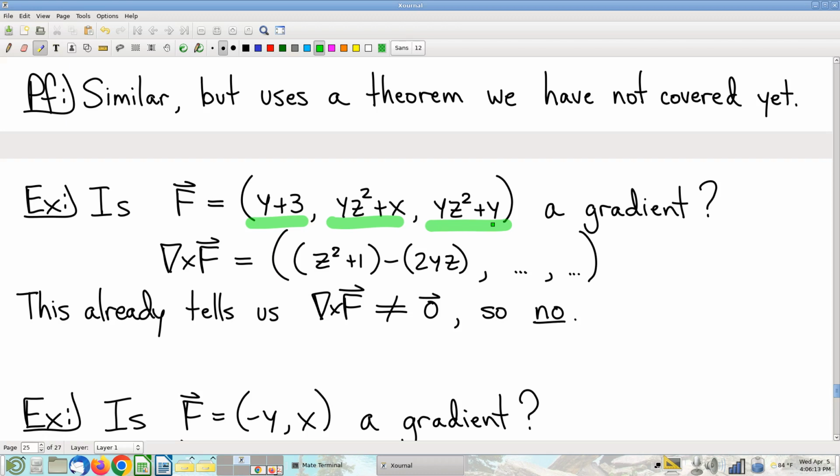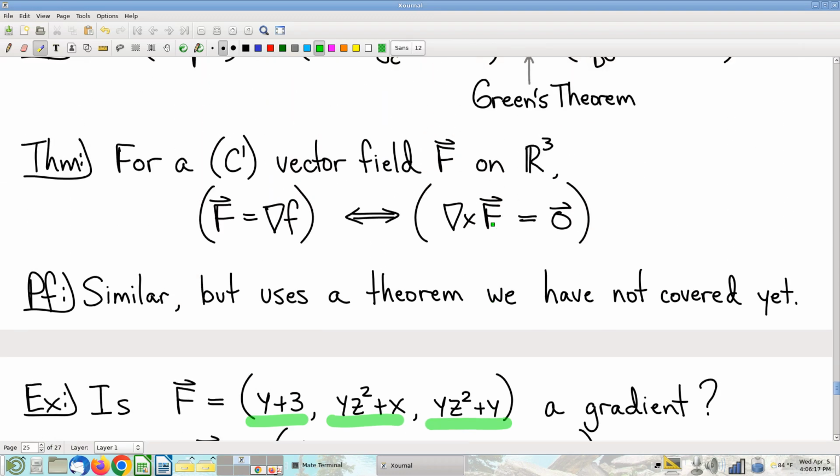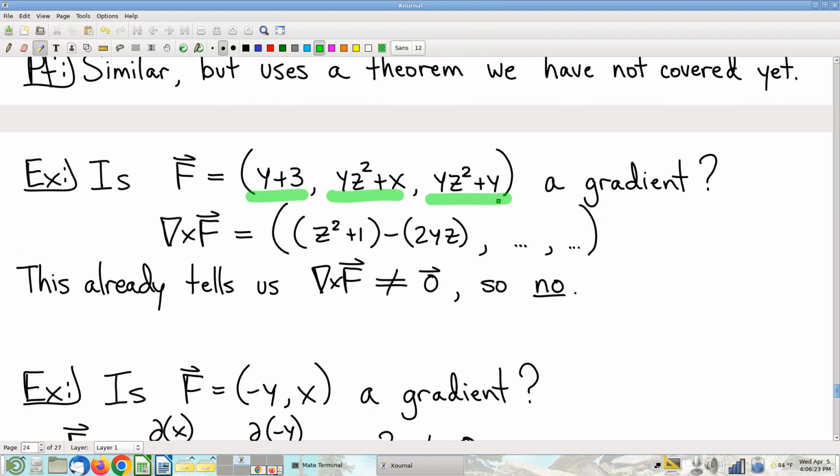Green's operator is specific to 2 dimensions. Here, the test is curl, right? So I'm going to compute the curl of this thing. At least I'm going to start computing the curl. By the way, make sure you're good with the formula for computing curl. Make sure you're proficient at being able to crank that out. It's going to come up. You know, make sure that you're good with that.